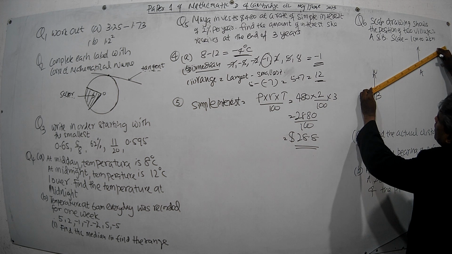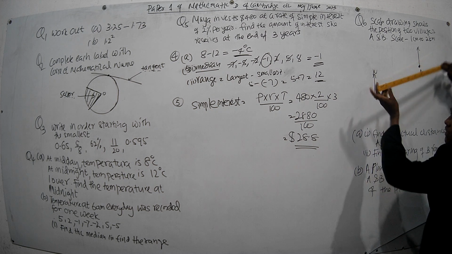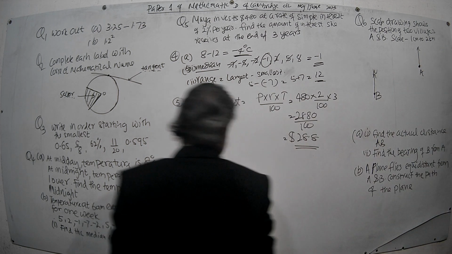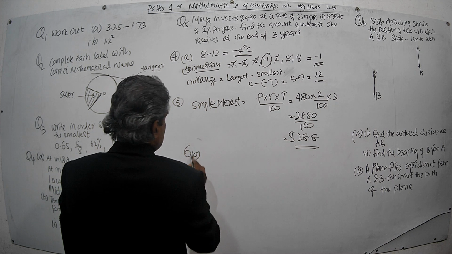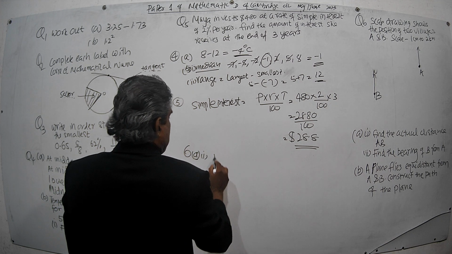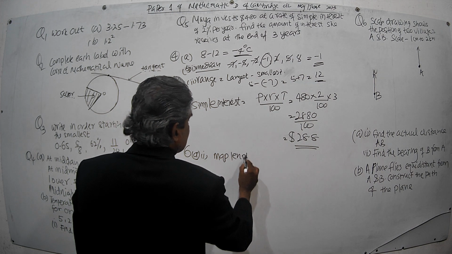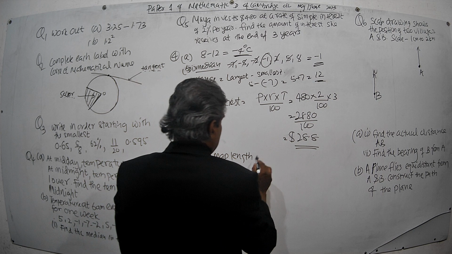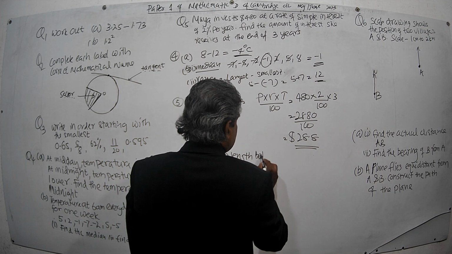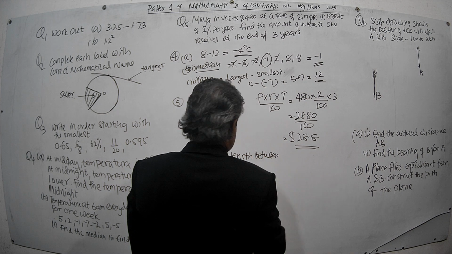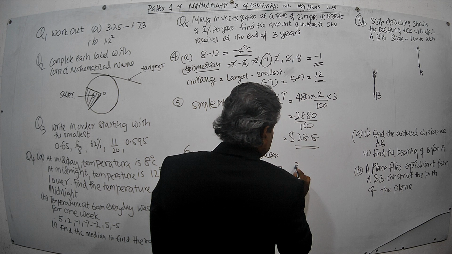In my diagram, there are 33 centimeters between A and B. Then write 6A1. Map length between A and B equals how much? 33 centimeters.